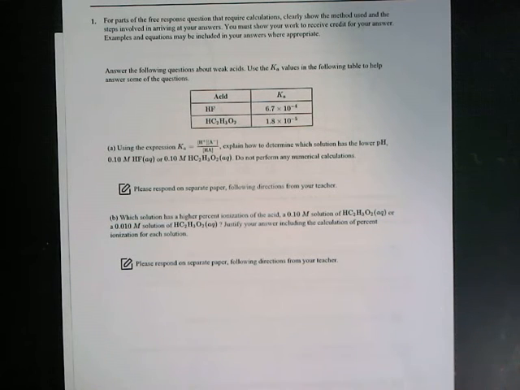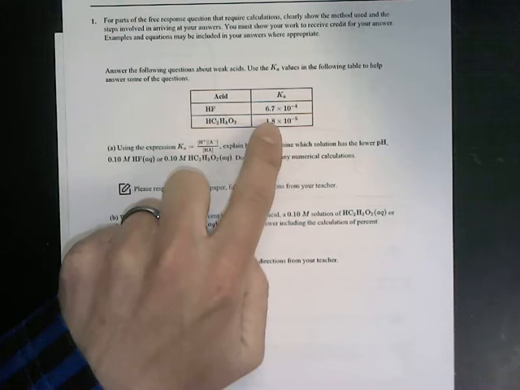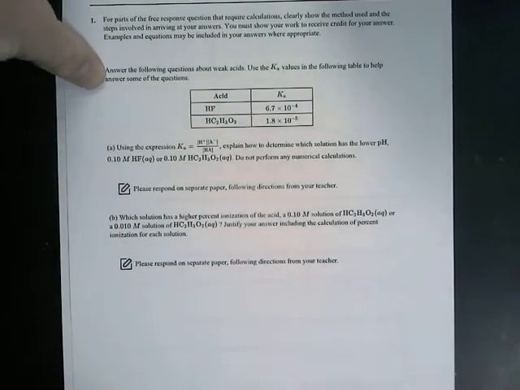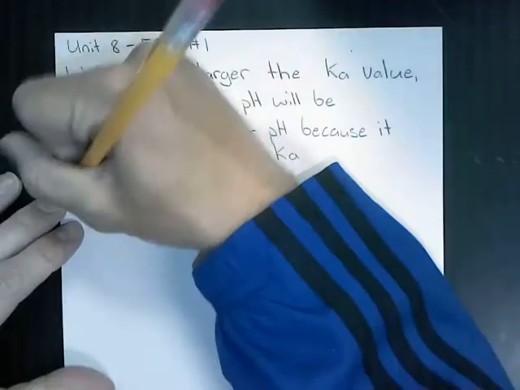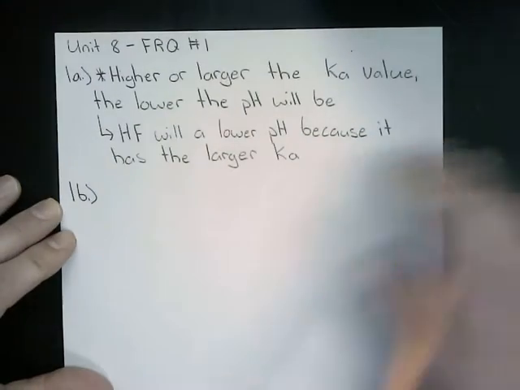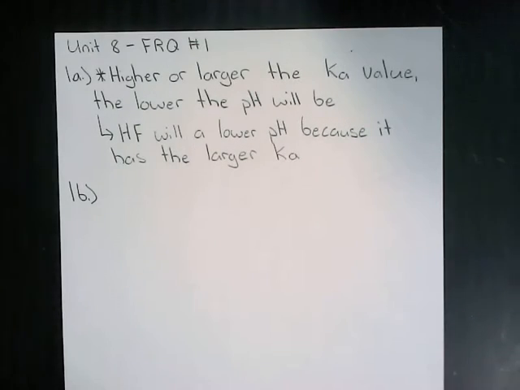So with this problem here, we're actually going to have to perform a weak acid calculation. So I want you to keep this number for the Ka of acetic acid in mind as we go through this problem.